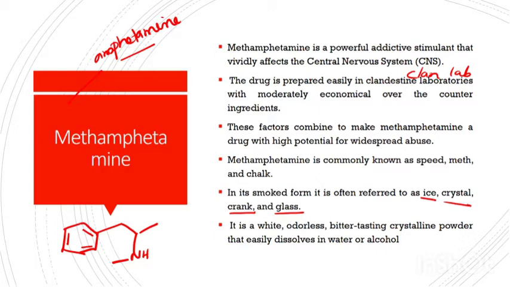As it is a central nervous system stimulant, it directly affects the brain and the spinal cord by interfering with the normal release and uptake of neurotransmitters. So that is about methamphetamine.